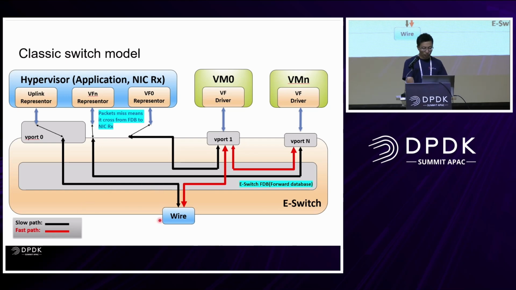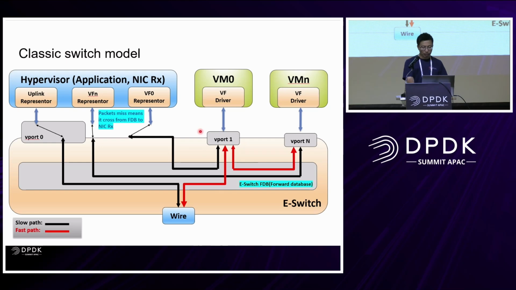Once the packet comes from the wire or is sent by a VM, we will have some flow rules in the eSwitch FDB, the forward database. We receive some hardware offloading rules. If there are no rules in the hardware, then the packet will miss, so it goes to the black bold line. The behavior is something like that.